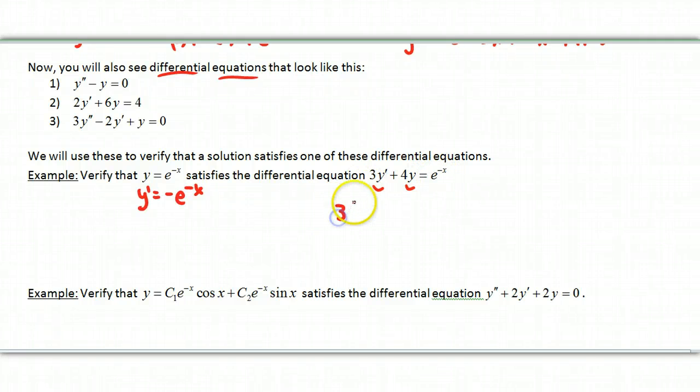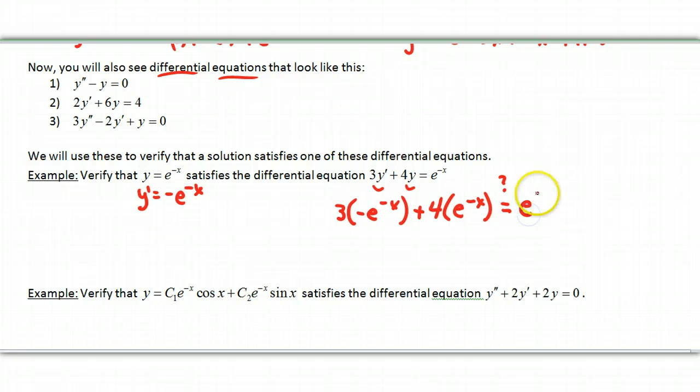So I'm just going to do a replacement. y prime is negative e to the negative x. And then y is e to the negative x. And does that equal, and this is what we want to ask, does that equal e to the negative x?